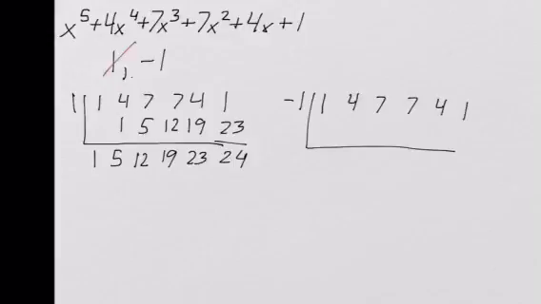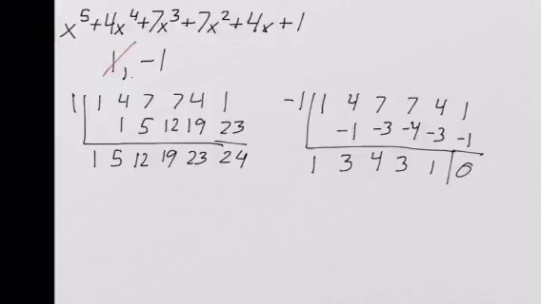We'll bring down the 1, multiply by negative 1, and add. Continue that process. And this time I get a 0.